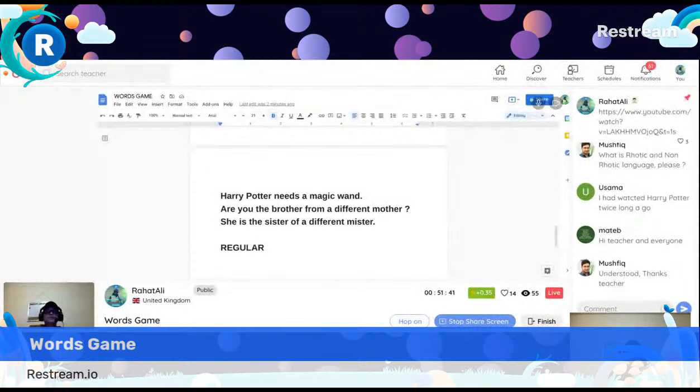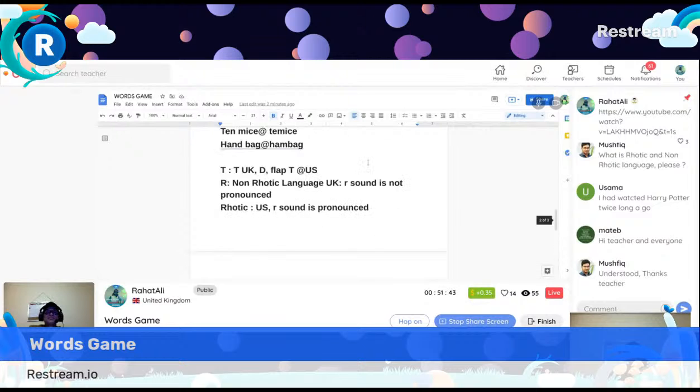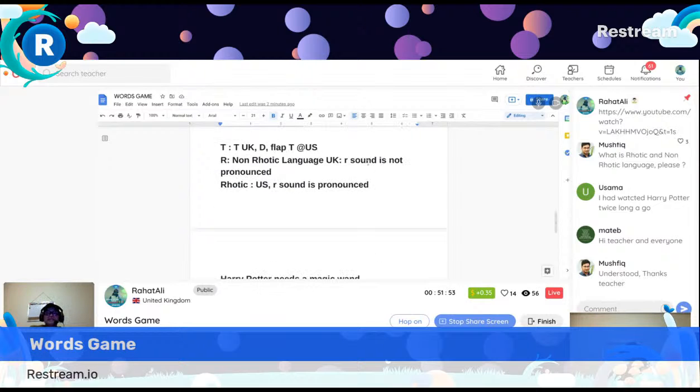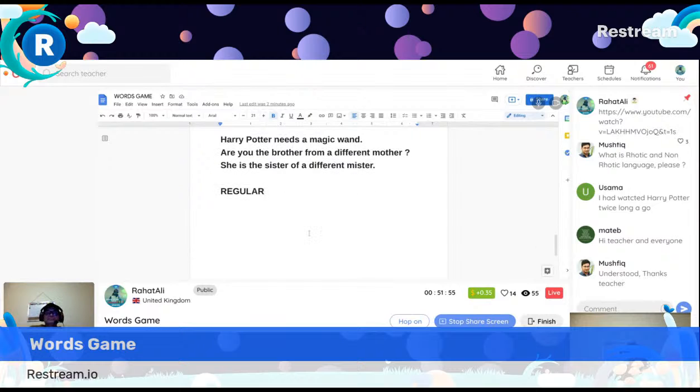Okay, guys, so let's go on to our words game. Next pair was car and road. There are always accidents, car accidents, specifically on the road. Example. Next is green and vegetables.